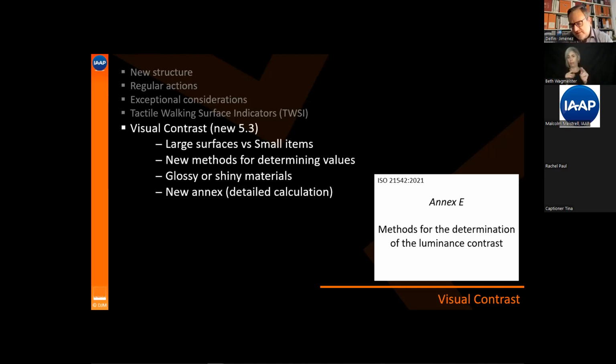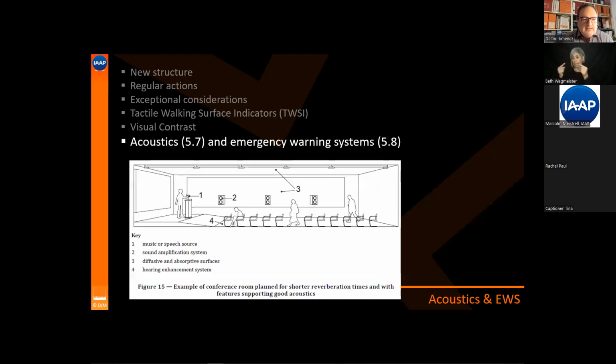Well, more new things in this standard. Visual contrast, important, and well, acoustics in 5.7 and emergency warning system in 5.8. These are two things that in the previous edition were not very clear.